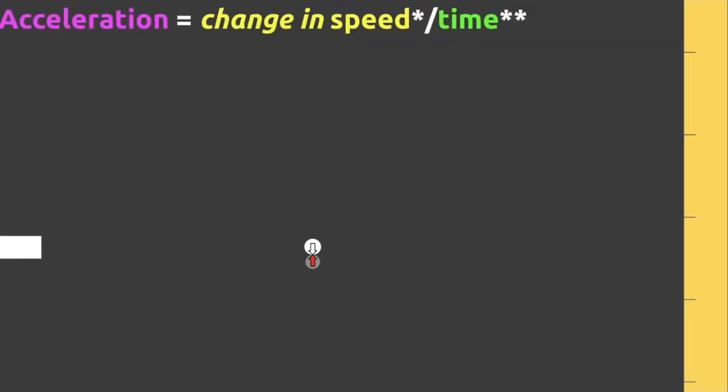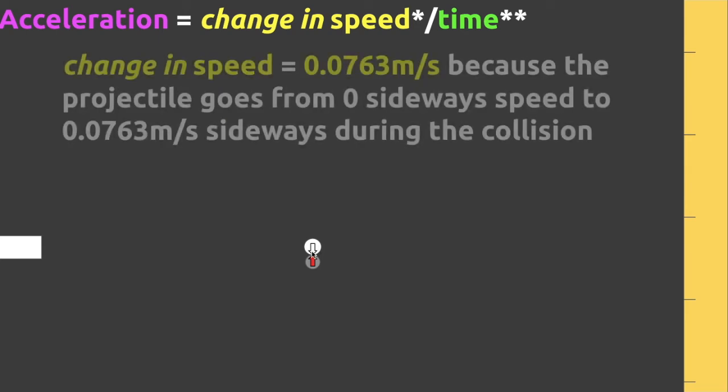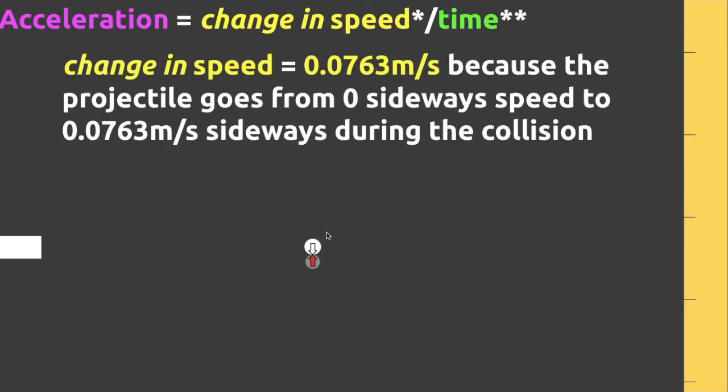Acceleration equals a change in speed over time, and that means the time it took to accelerate. If we think about it, the only time that it's changing its speed is when it's colliding with the coin. Another thing is the change in speed itself is really just that sideways speed it had, because it had zero sideways speed at the beginning, and it has 0.0763 meters per second sideways speed at the end.